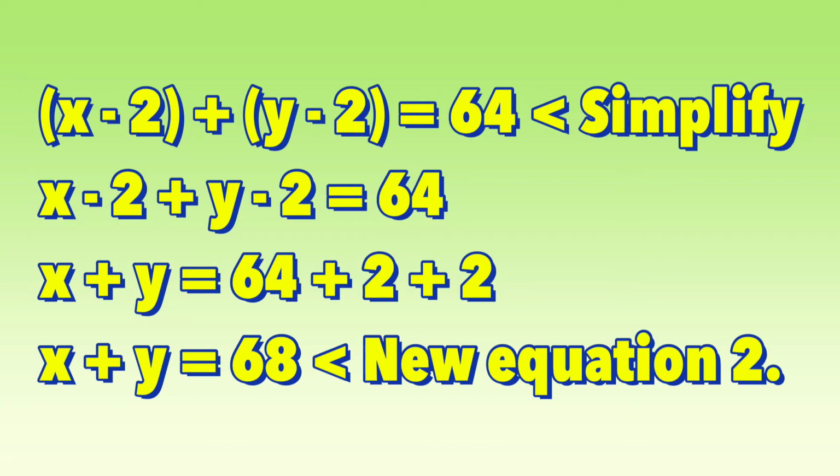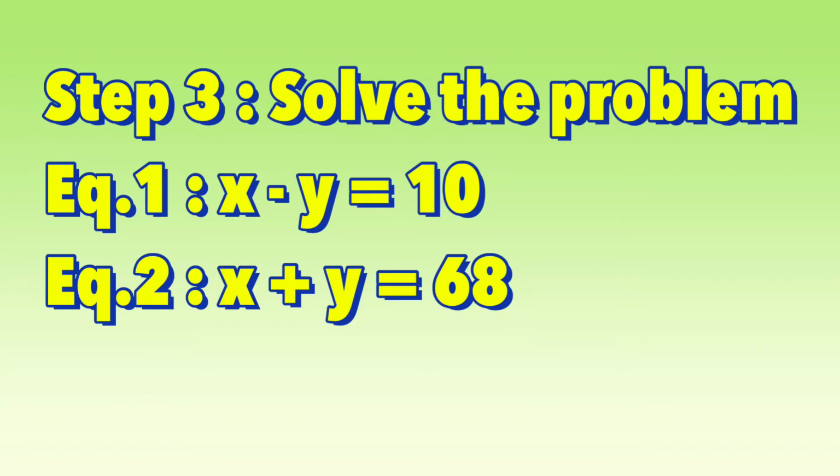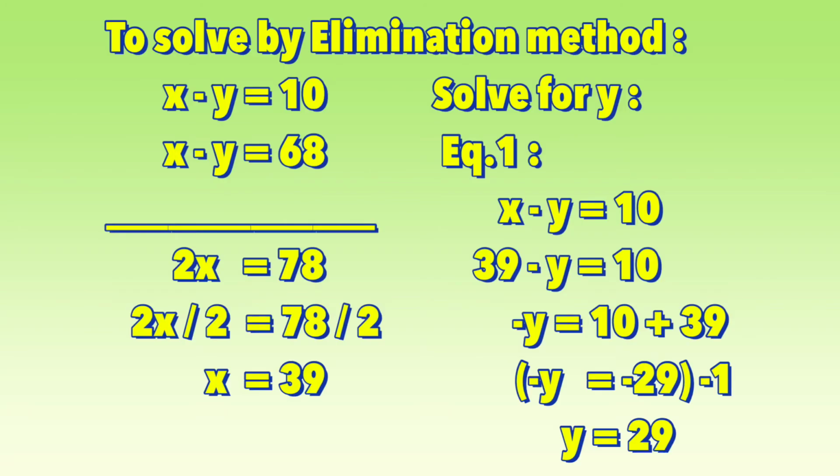Then solve for y. Since we know the value of x, we solve for y using equation 1: x minus y equals 10. The value of x is 39, so 39 minus y equals 10. Then transpose positive 39 to the right side, it becomes negative 39.